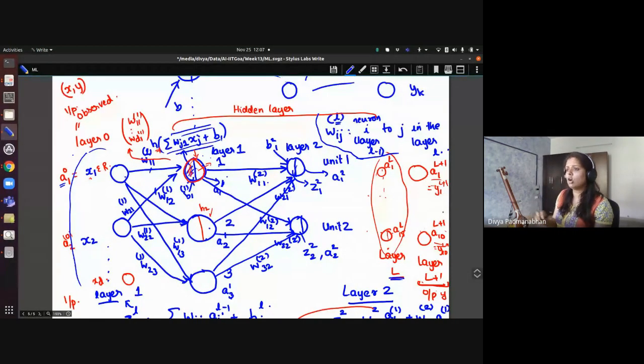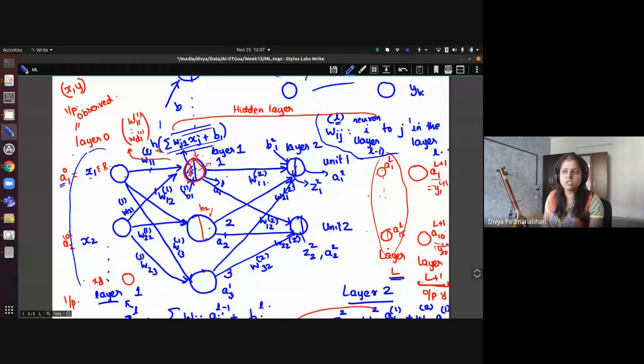So this was the configuration of the neural network, the most general form, where layers 1 to L are all the hidden layers, because you don't observe these at all. The layer 0 outputs are x1 to xd, your features, which you observe.